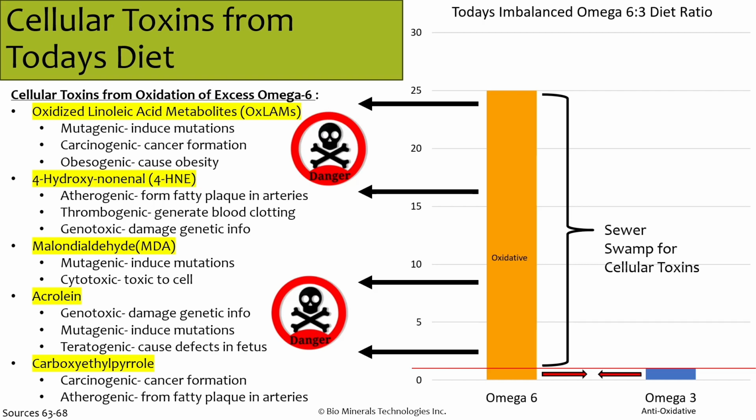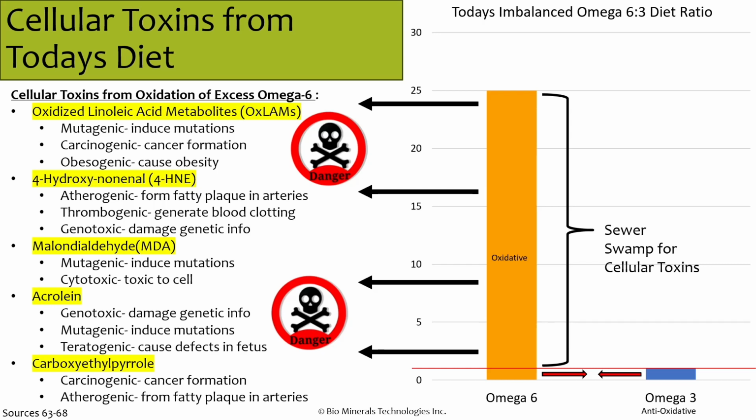When you look at the cellular toxins from the oxidation from these excessive omega-6 acids, you have the oxidized linoleic acid metabolites. They're mutagenic, which means they induce mutations. They're carcinogenic, which is cancer formation.